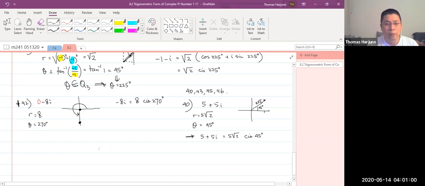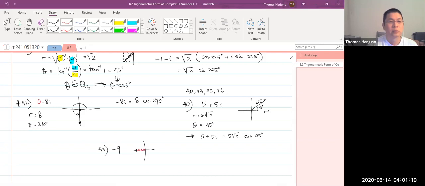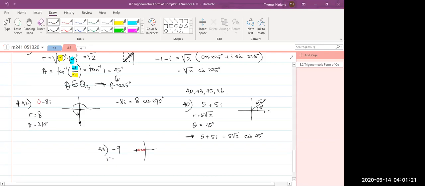Number 43, negative 9. The position on the complex plane is here. Now, the distance from the origin is 9.